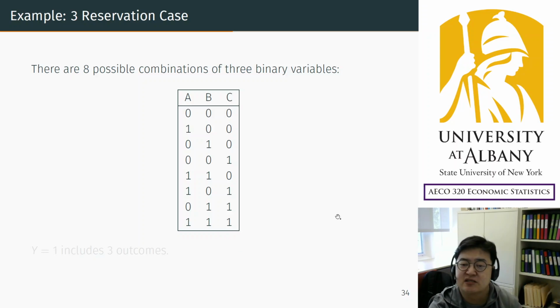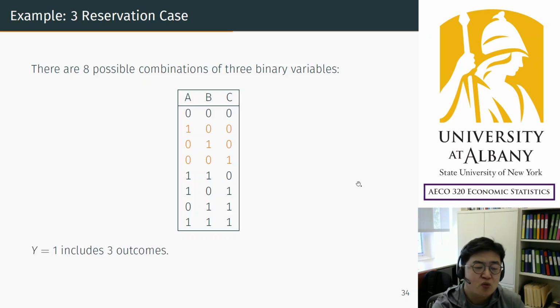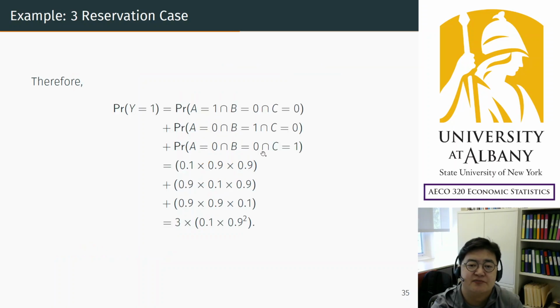So there are 8 possible combinations of the binary variables, and among these 8, we are looking for the probability of an event that includes these three outcomes, right? These 3 outcomes satisfy the condition that only one reservation is canceled. So we just need to calculate probabilities on these 3 outcomes.